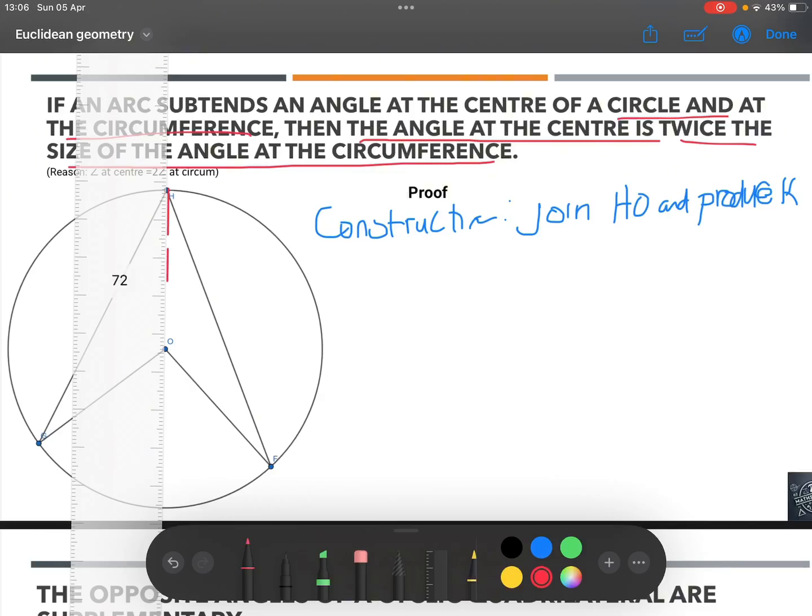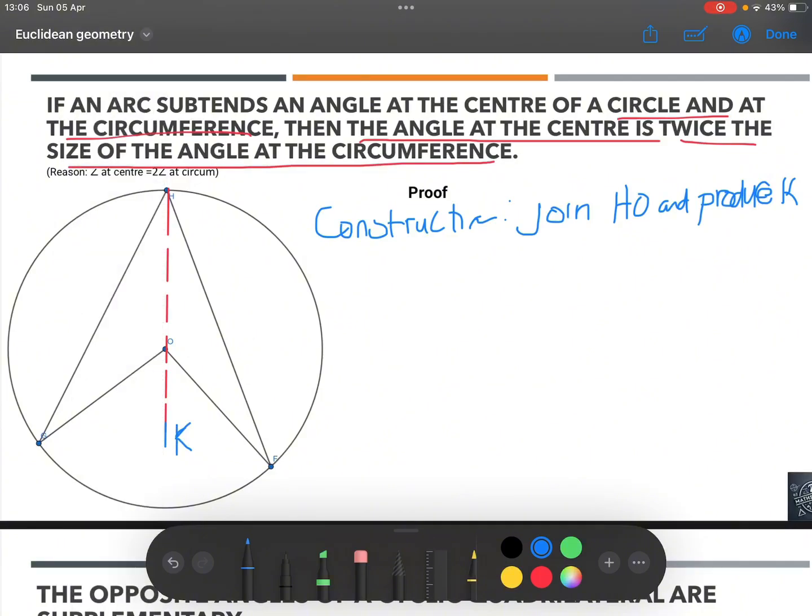Let's construct it. We have line HO, and then we have produced K. Okay, then we're going to have our K to be here. So let's call these O1 and O2, and we have H1 and H2. So we can now start with our proof.